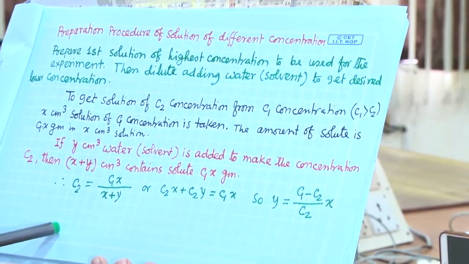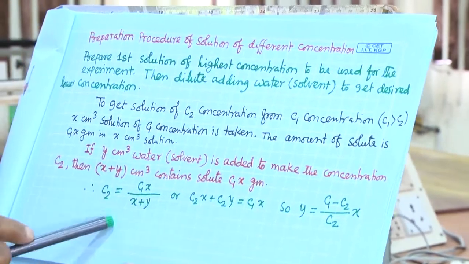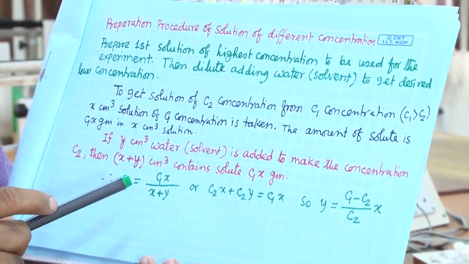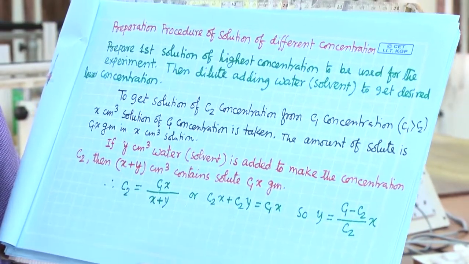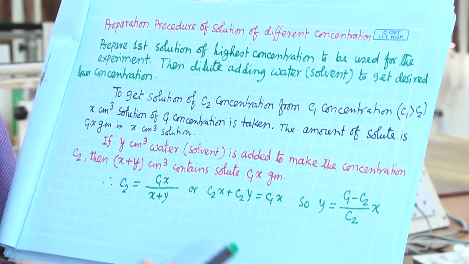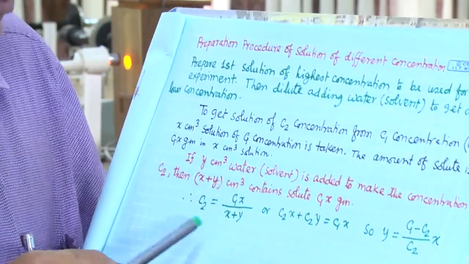If C1 is the initial concentration of the solution, now I want to make concentration C2. C1 is greater than C2, meaning C2 is less than C1.